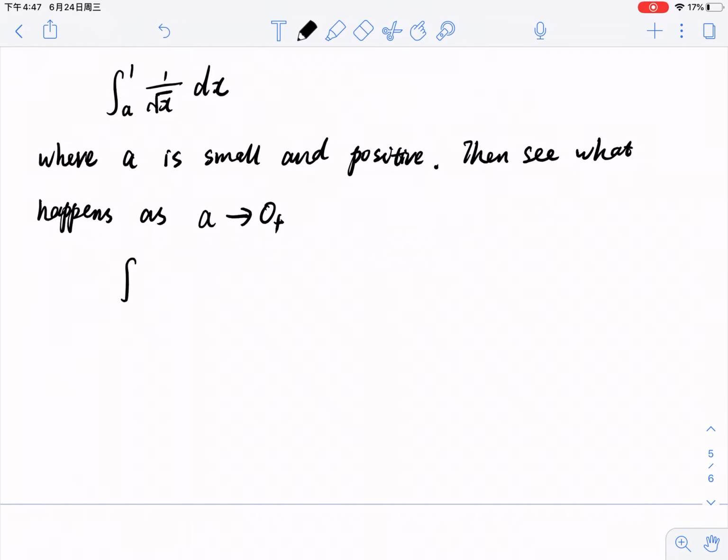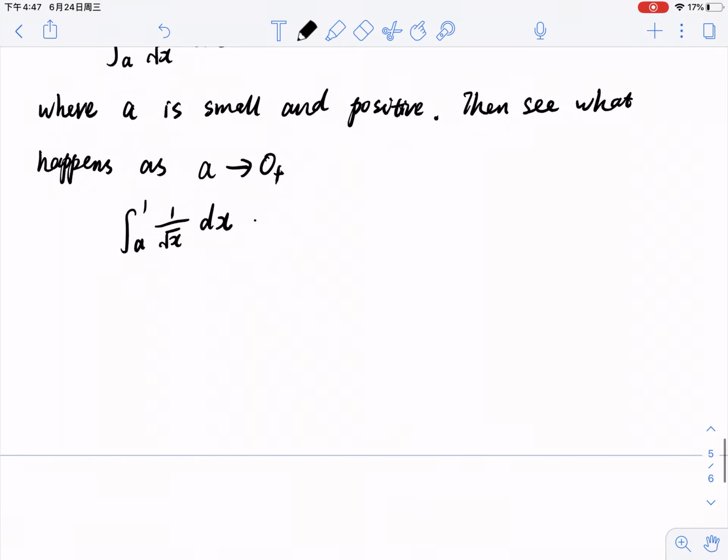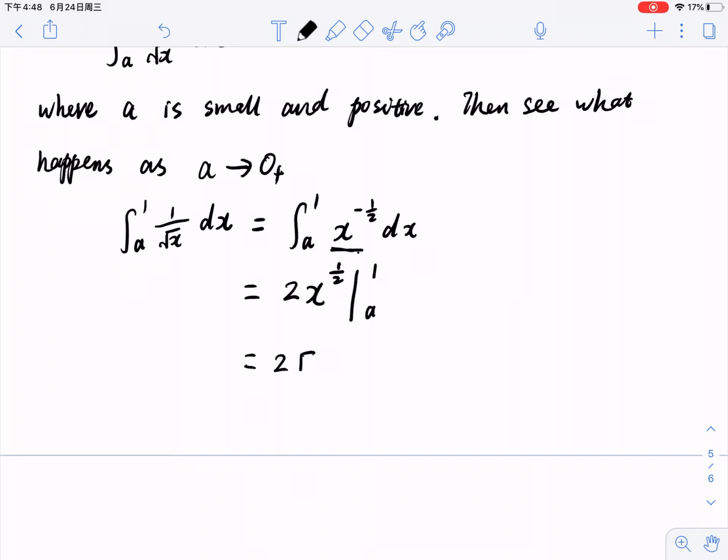Now we evaluate this integral, the integral of 1 over square root x from a to 1. This is equal to the integral from a to 1 of x to the negative 1 half dx. The antiderivative of this function is 2x to the 1 half, evaluated from a to 1. So it's 2 square root 1 minus 2 square root a, which is 2 minus 2 square root a.